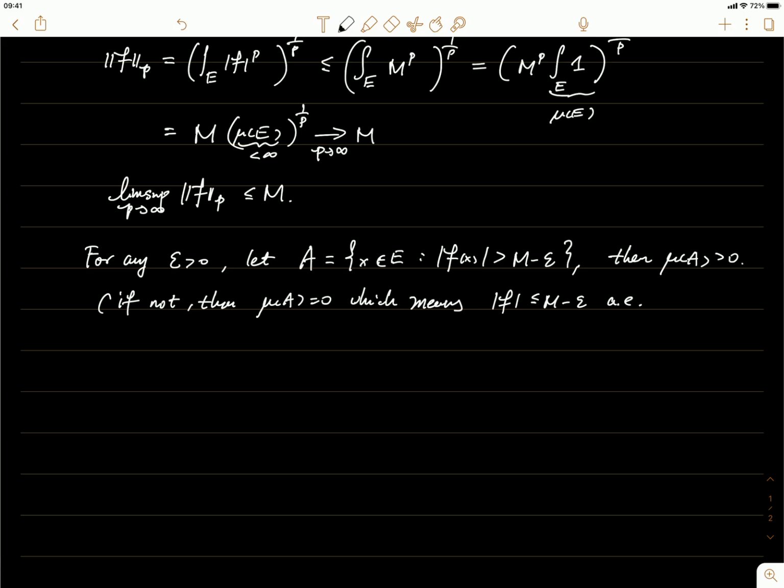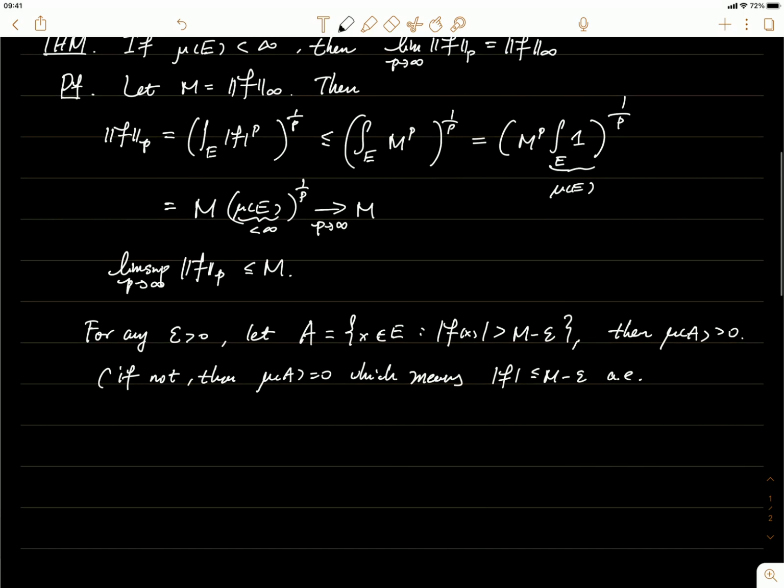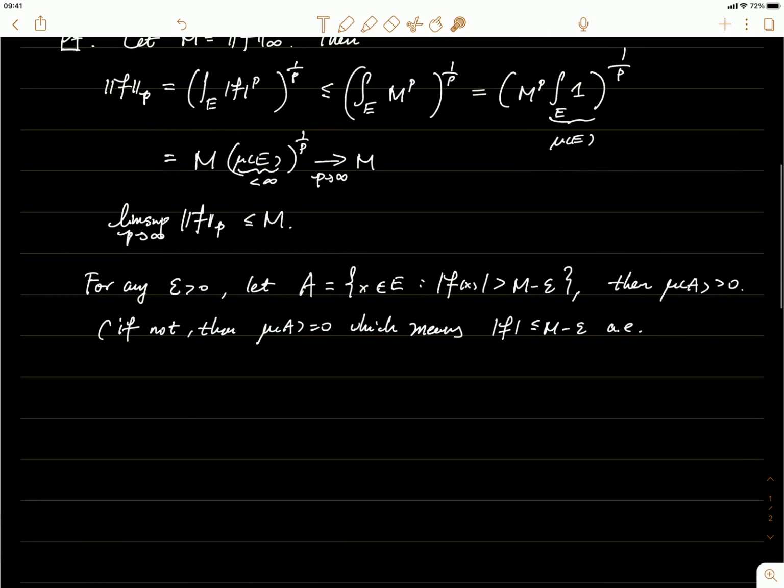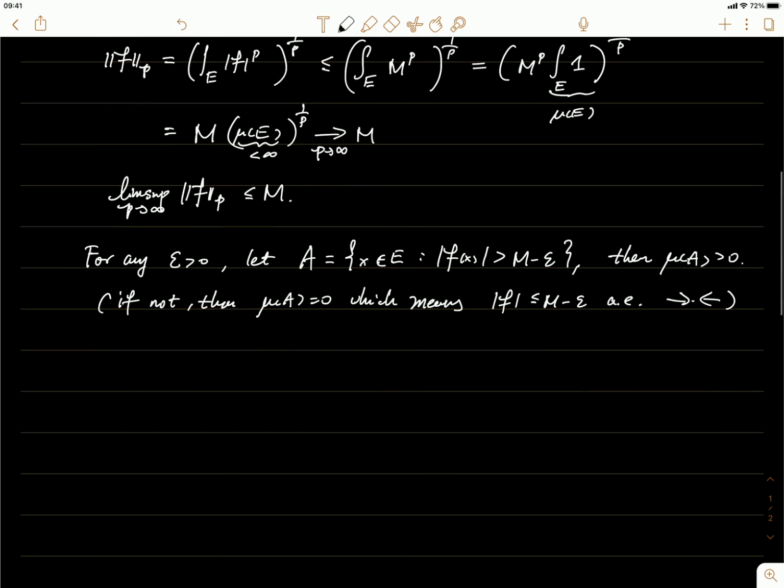And in this case, m minus epsilon would be the L infinity norm of f, which is a contradiction. We found an even smaller value to be the L infinity norm of f. So that's a contradiction. Then that means that the measure of A must be greater than 0.